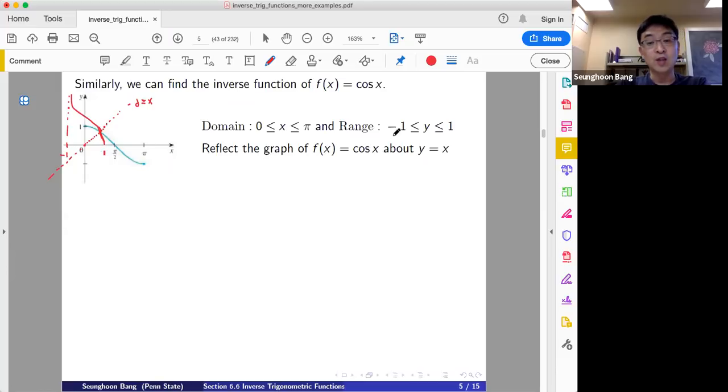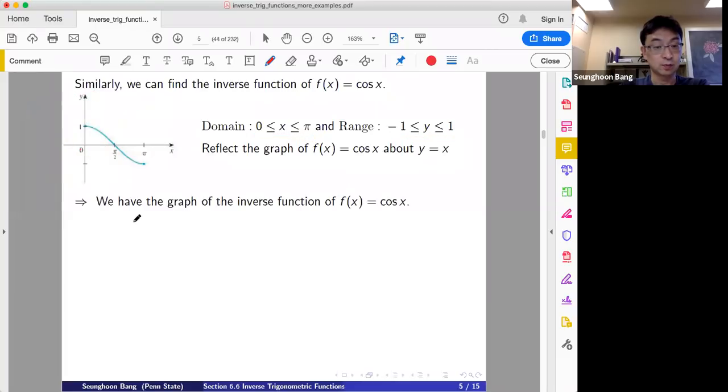The range of f becomes the domain of the inverse, and the domain of f becomes the range of the inverse function. This is pi, this is 0. This is the whole idea for sketching the graph of the inverse cosine function.